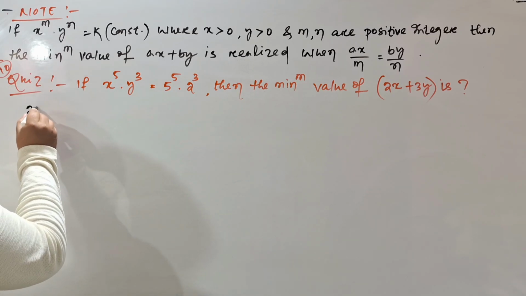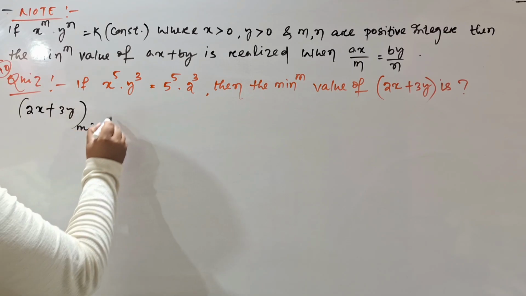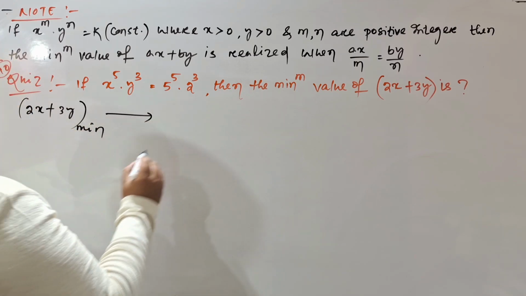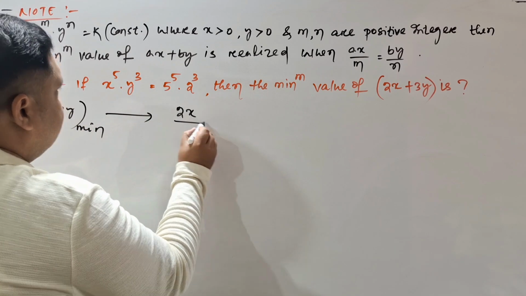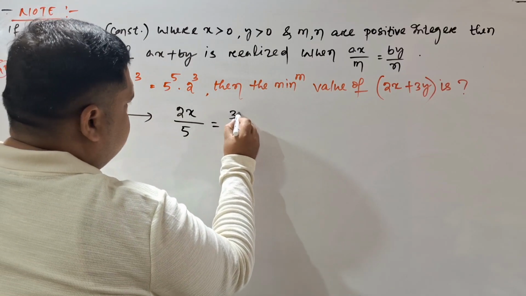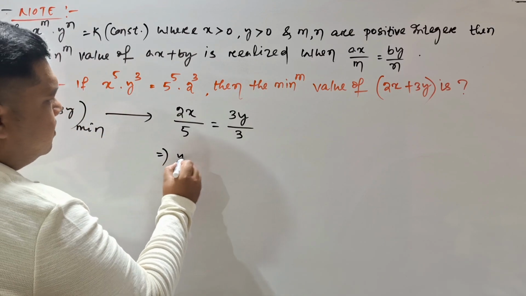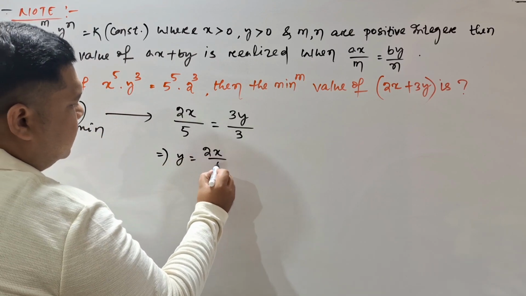We are going to find the minimum value of 2x plus 3y. The minimum value occurs when 2x divided by 5 is equal to 3y divided by 3. If you simplify, y is equal to 2x by 5.